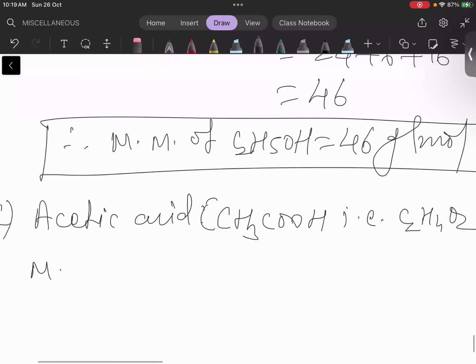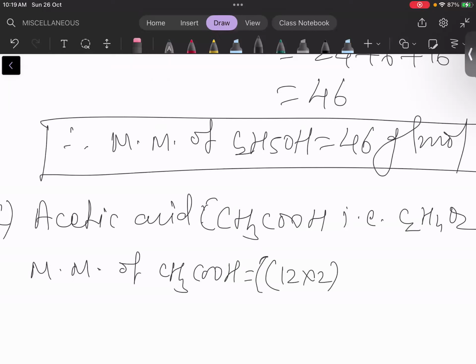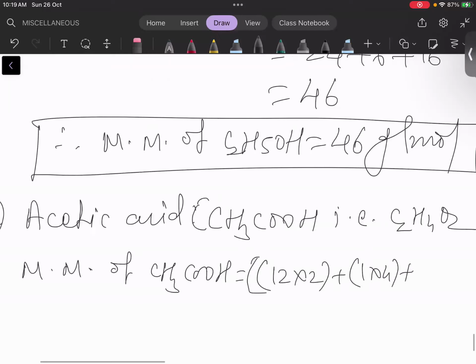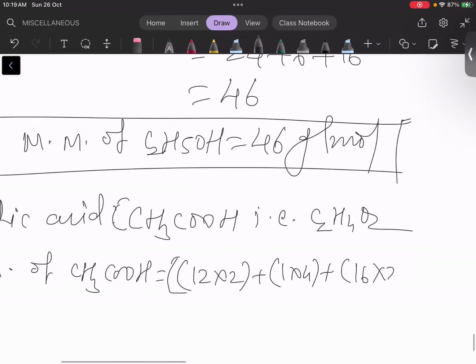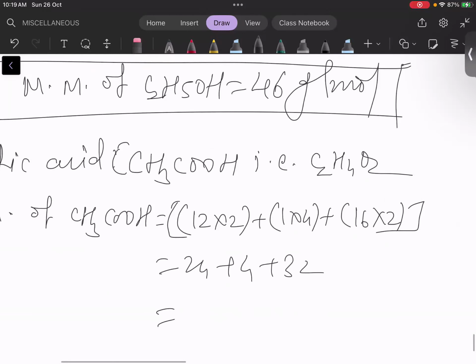So, molar mass of acetic acid, that is equal to what? 12 into 2, right? Plus 1 into 4 plus 16 into 2. So, 24 plus 4 plus 32, right? 60. Very good.